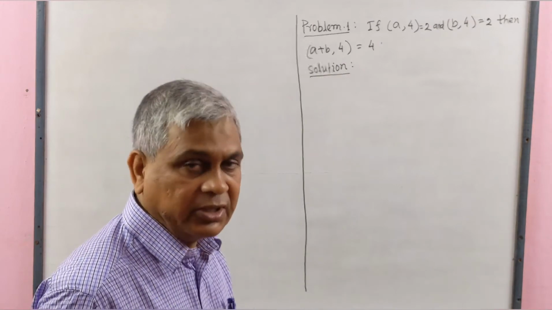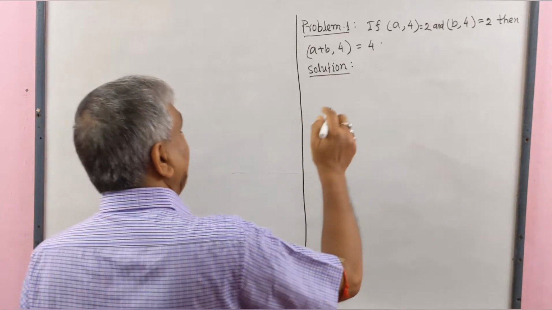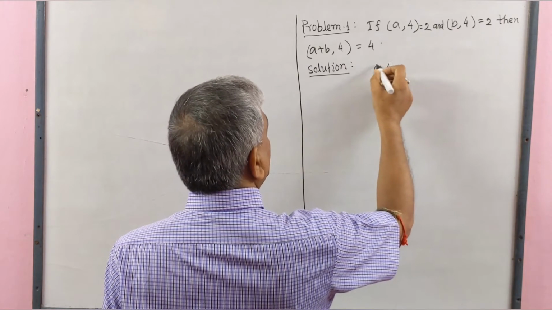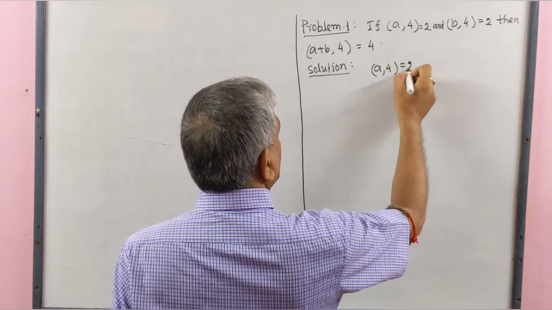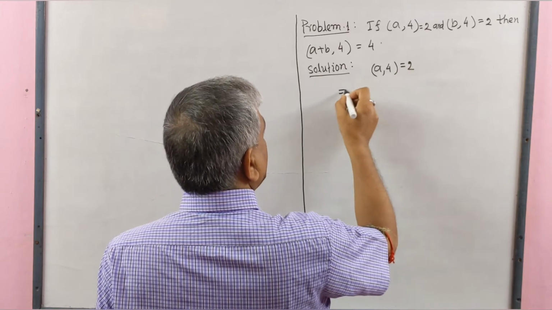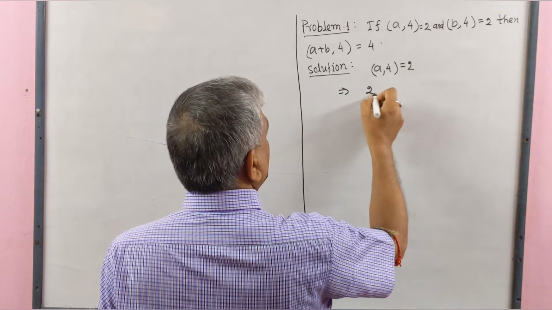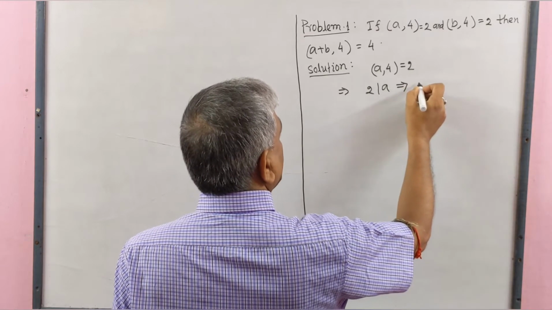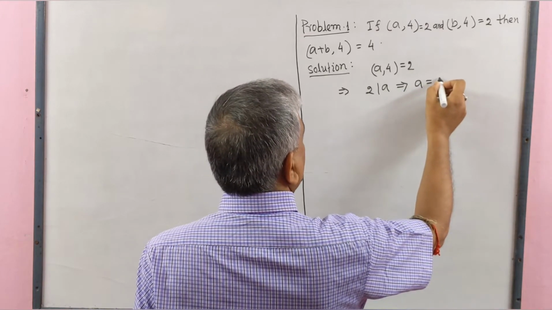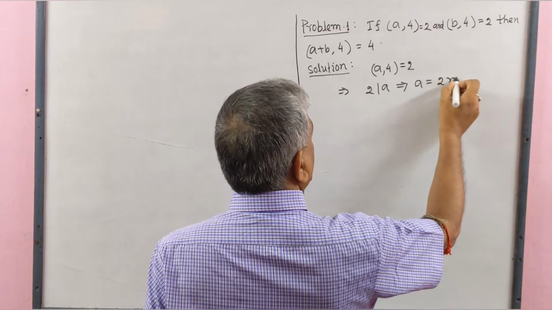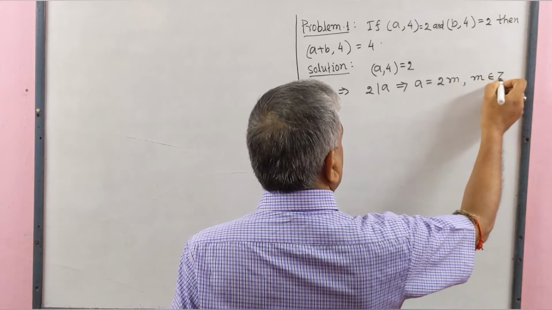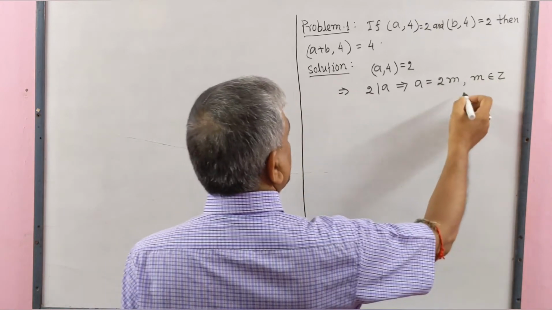Now we solve this. Given that GCD of A and 4 is 2, implies that 2 divides A, implies that A equal to 2m, m is an integer. This is number 1.